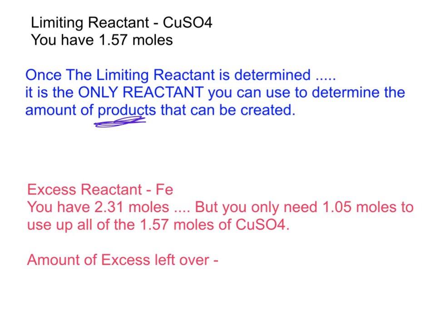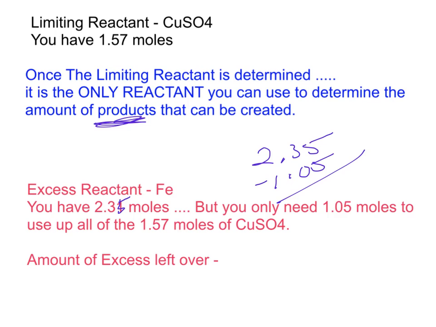Now, sometimes a problem will ask how much excess you have left over. Then we would take our amount of 2.31 minus 1.05, and I think this should actually have been 2.35 instead of 2.31. So I take 2.35 moles of iron minus 1.05, which is how much I'm going to use in my reaction, because that's all I need.